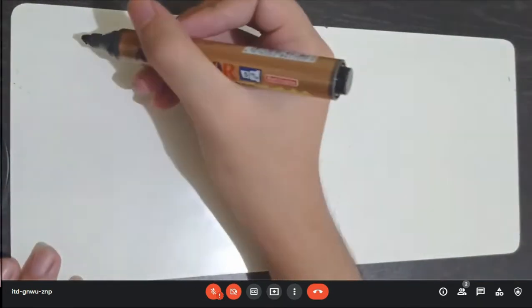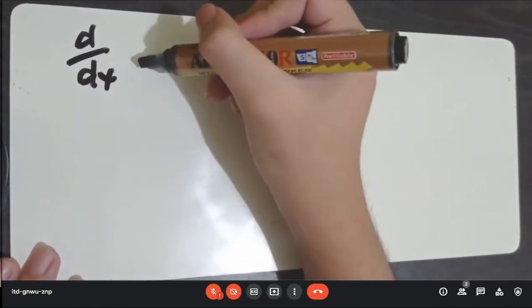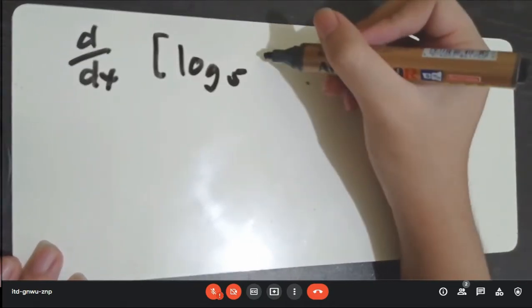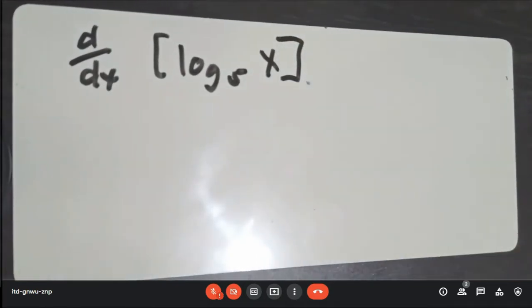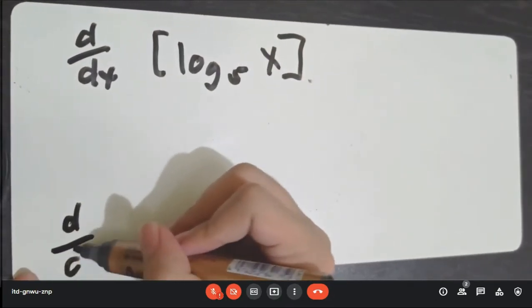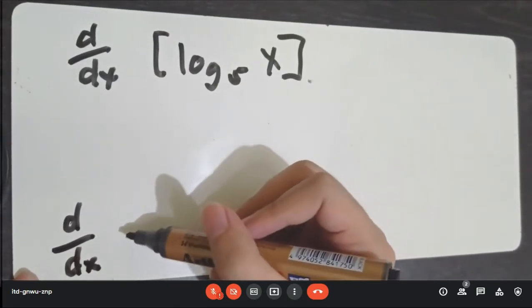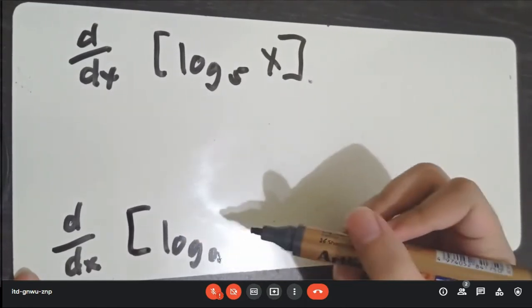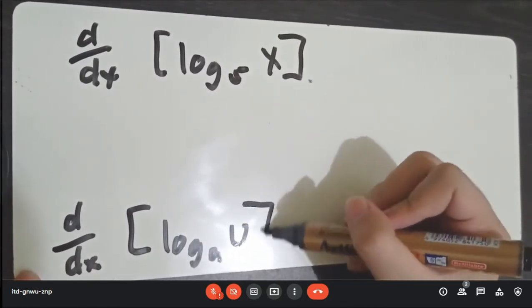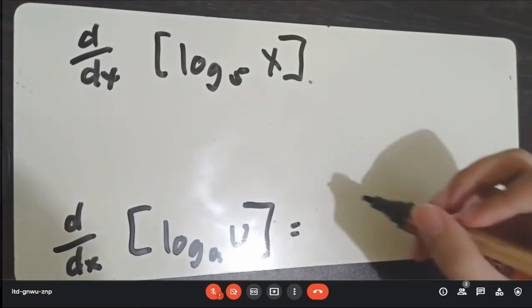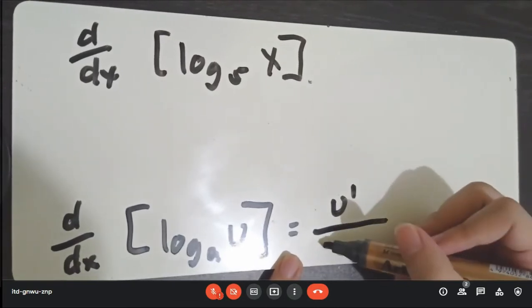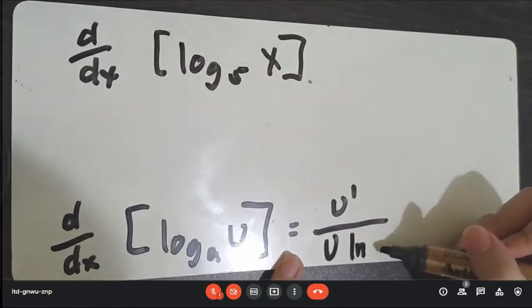Next example. What is the derivative of log base 5 x? There's a formula you need to follow here. The derivative of log base a of u is equals to u prime over u ln a, where a is the base.